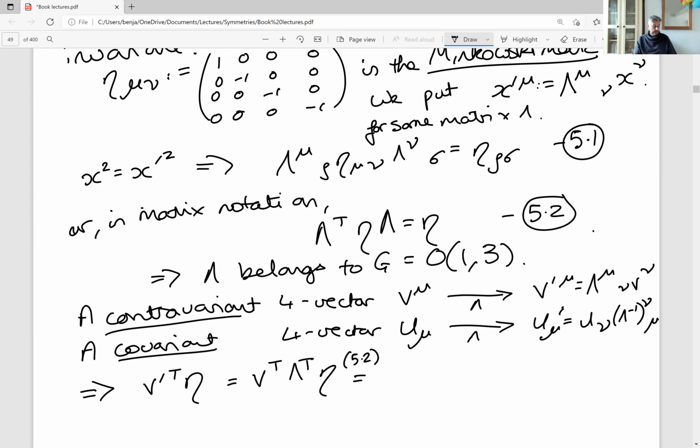Given that lambda is invertible, I can multiply on the right by lambda to the minus 1 with 5.2, and I get V transposed eta lambda to the minus 1. So what we see is that this object V transposed eta transforms with a lambda to the minus 1. That means that V transposed eta, or in index notation V_mu eta_mu nu, is covariant.